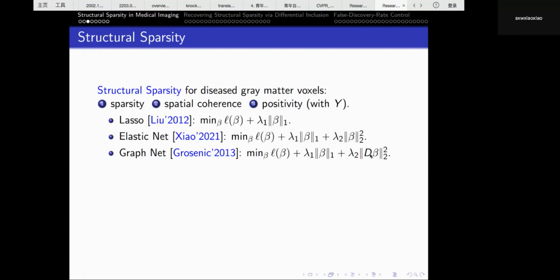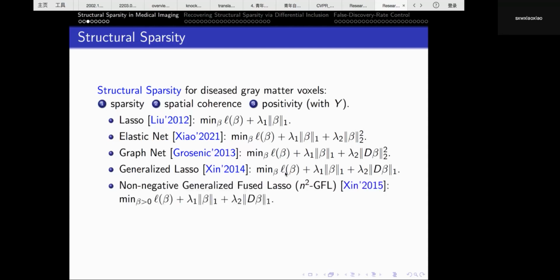And the graph here is defined over all the voxels, and each connection is defined over two adjacent voxels. And the generalized lasso replaced the L2 penalty with the L1 penalty for strict smoothness over the graph. And finally, the non-negative fused lasso additionally considers the positive constraint.